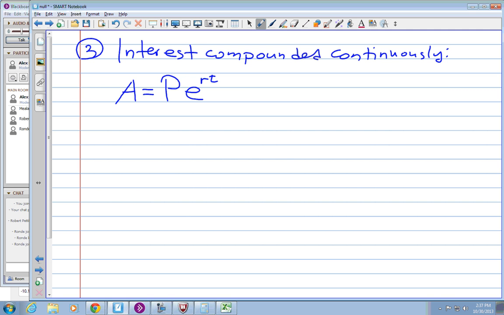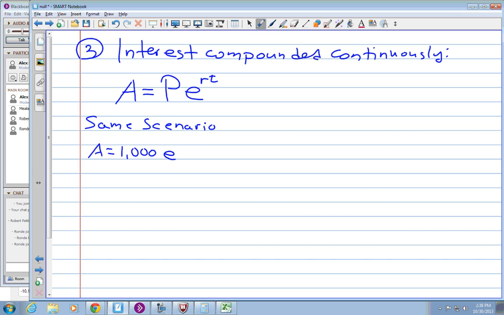Everything that changes continuously, where P is the principal, R is the rate, and T is the time. So if I use the same scenario, and I'll try my best to spell that one, is that correct? Scenario, is that better? Yes? Okay. Again, we're going to invest $1,000 for 10 years at 3.5% interest rate, but compounded continuously.